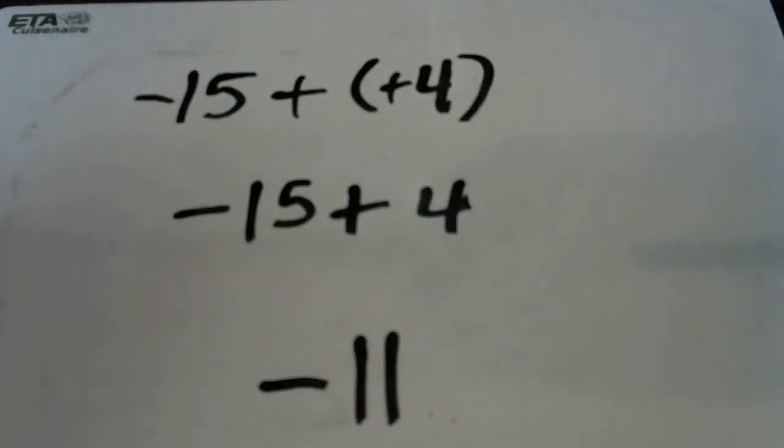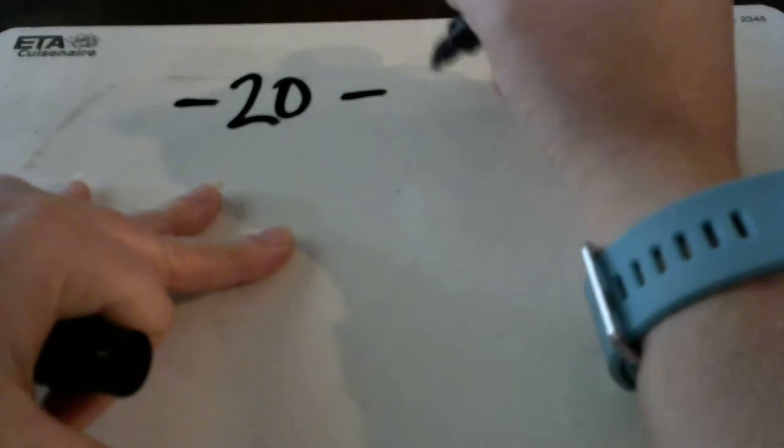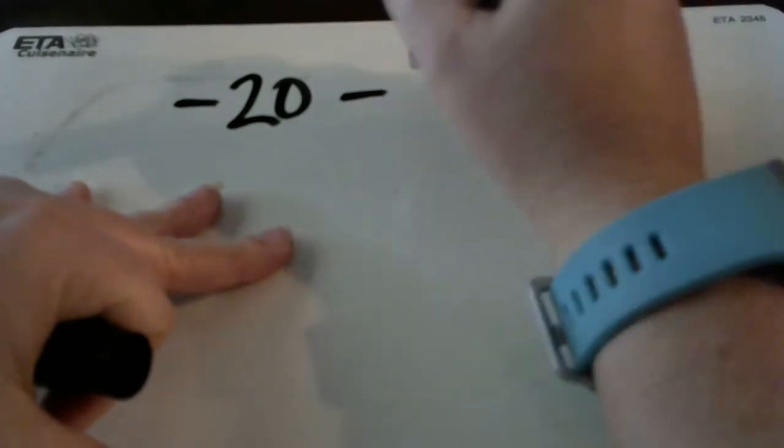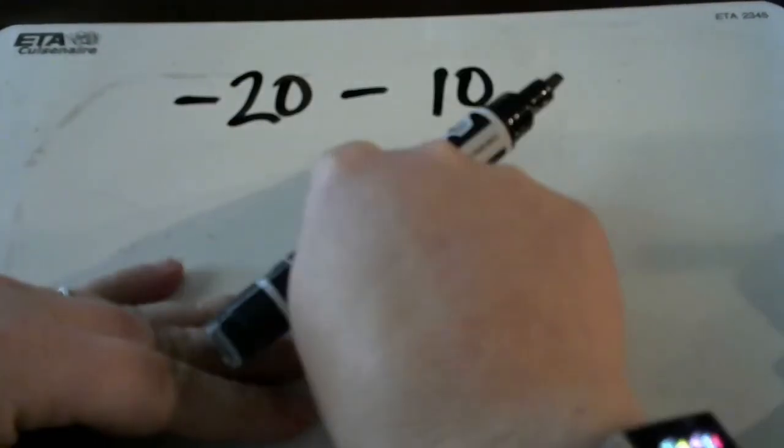All right, let's do another one. Okay, so let's do negative 20 minus, let's do a positive 10, okay? So I'm going to rewrite the problem, but I'm going to show you how to change a subtraction sign to addition and change the sign of the next number.